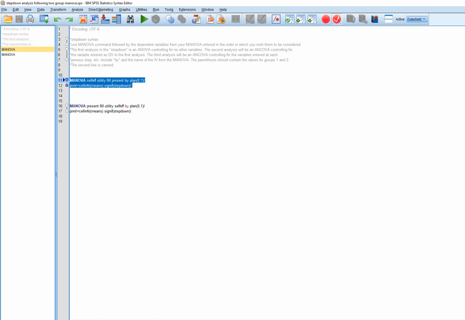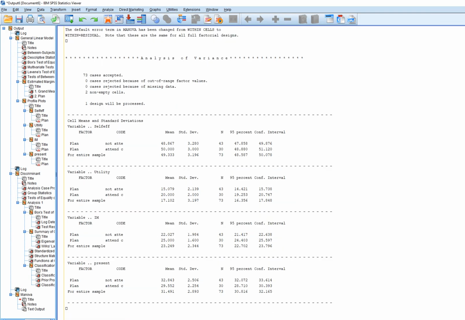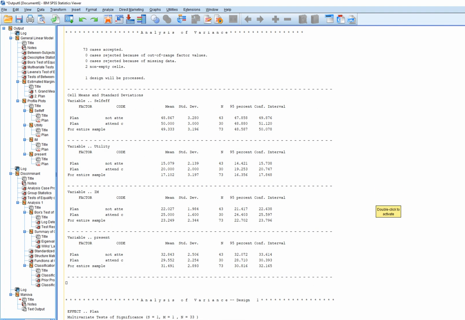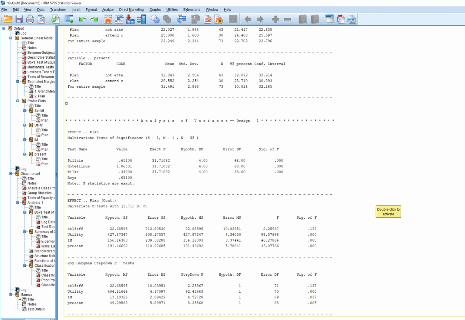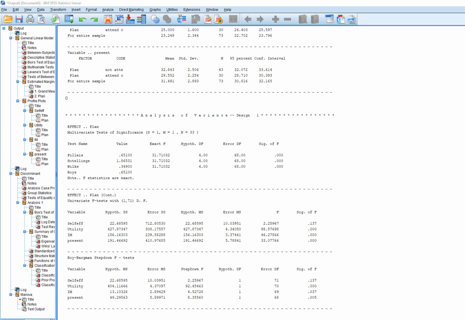So let's run the analysis. I'm going to highlight this, click on the green button, and so here you go. So you can see that we have our descriptive statistics for each of our variables. It's not as nice looking as when you run the standard MANOVA, but you'll see down here you've got your multivariate tests of significance. There's our Wilks that we had seen before, and our multivariate test results right here.